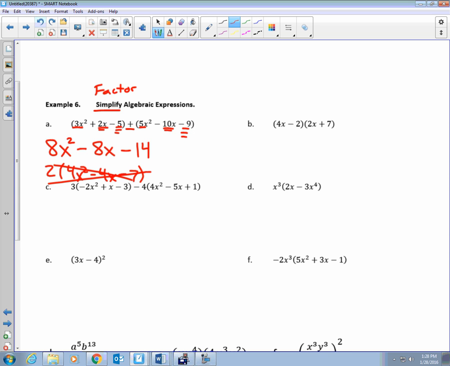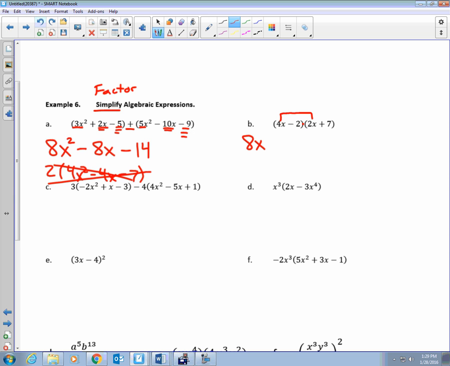The symbol here is multiplication. When you are multiplying polynomials, you have to multiply each part by each part. So I'll first multiply the 4x through. 4x times 2x is 8x, and when you're multiplying, you add the exponents.